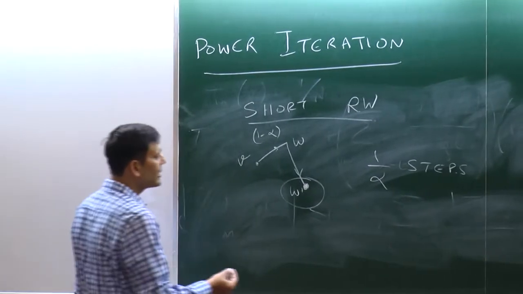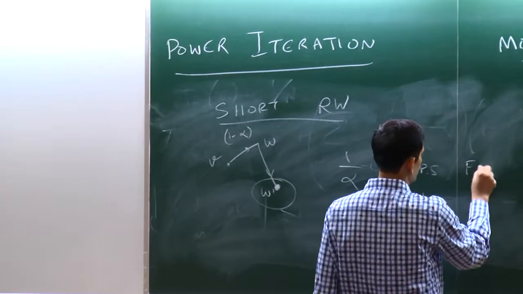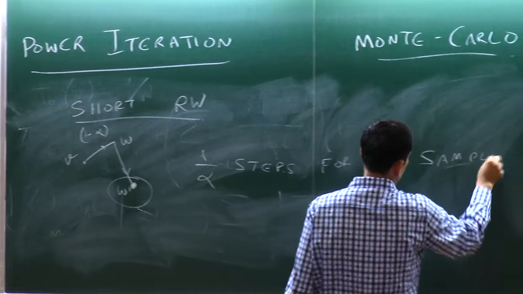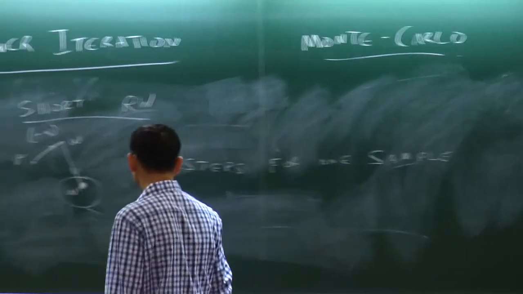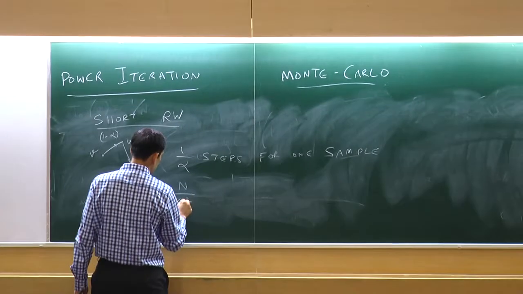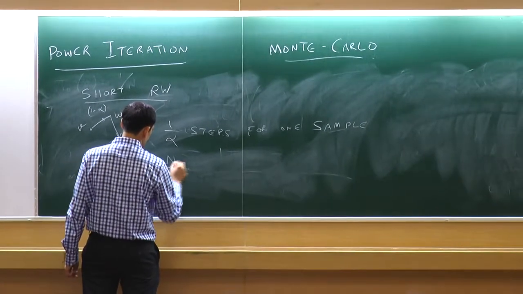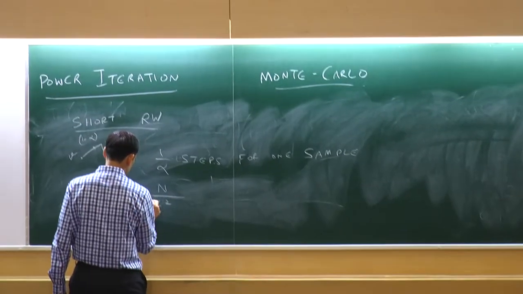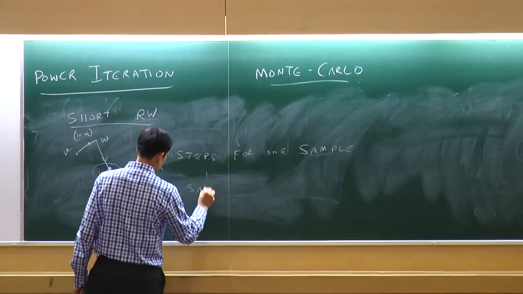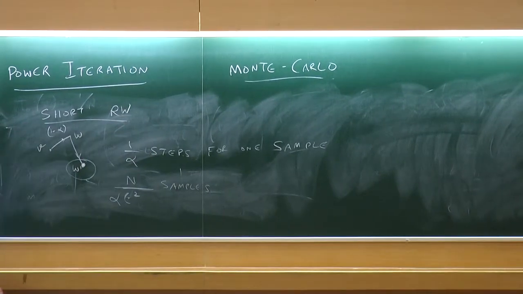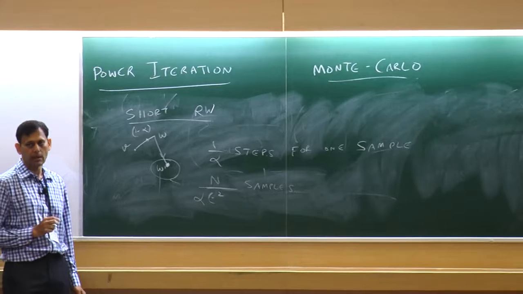You need something like n over epsilon squared samples. Okay.